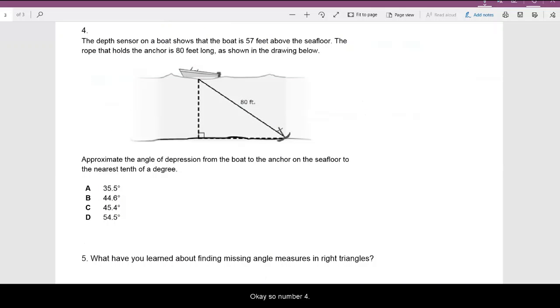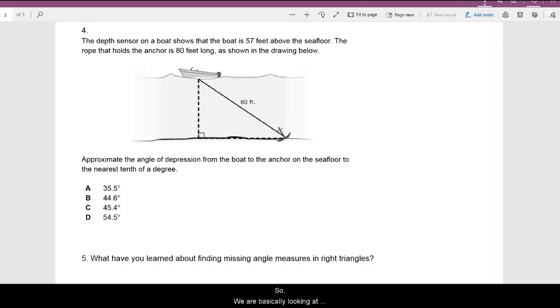Okay, so number 4 says the depth sensor on a boat shows that the boat is 57 feet above the sea floor. The rope that holds the anchor is 80 feet long, as shown in the drawing below. Approximate the angle of depression from the boat to the anchor on the sea floor to the nearest tenth of a degree.